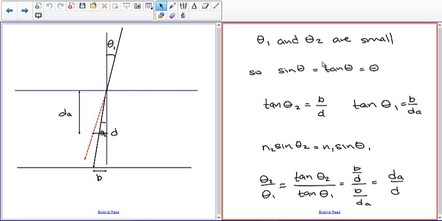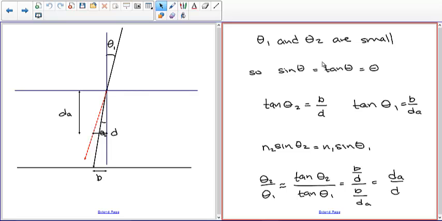Also, Snell's law says that N1 times the sine of theta 1 equals N2 times the sine of theta 2, where these are the indices of refraction of the two materials. If we take the ratio of both of these equations and say that the angle theta is equal to the tangent and the sine, we could say theta 2 over theta 1 is approximately equal to the tangent of theta 2 over the tangent of theta 1.